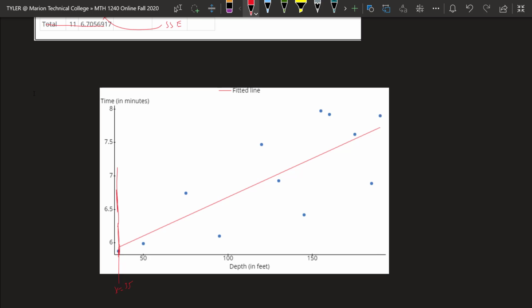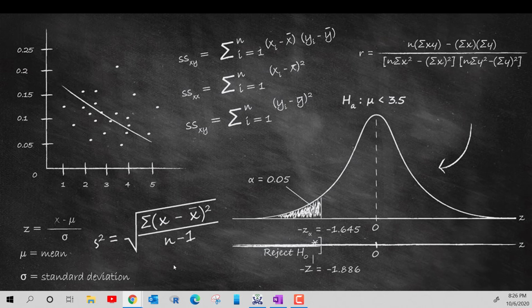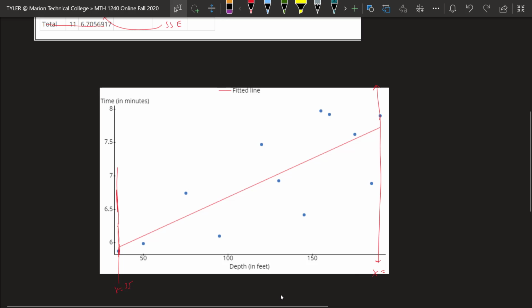And then this dot here is my furthest dot to the right. If you look at the data, the biggest depth is 190. So this would be 190. So if you're inside of 35 to 190, then that's referred to as interpolation.